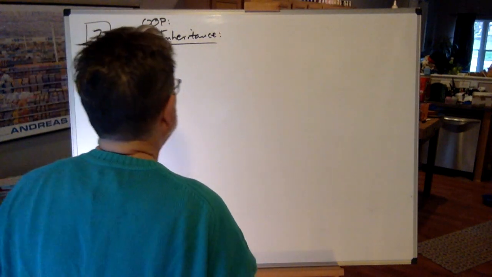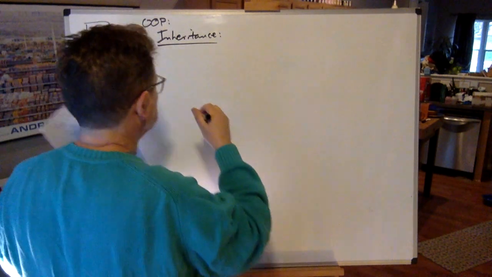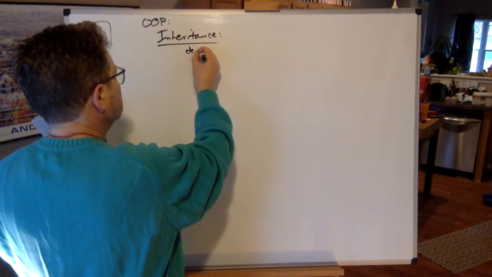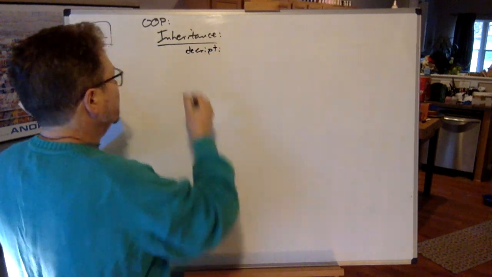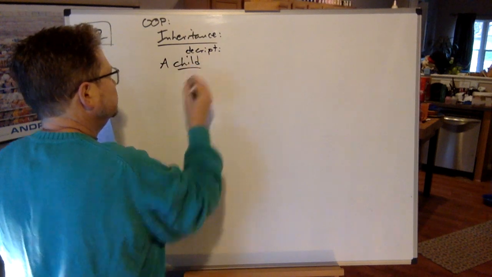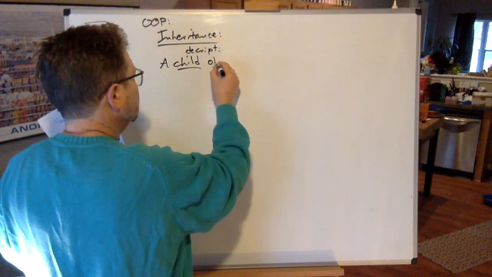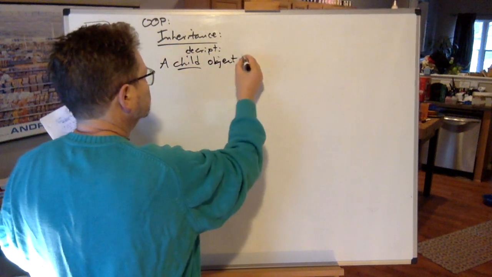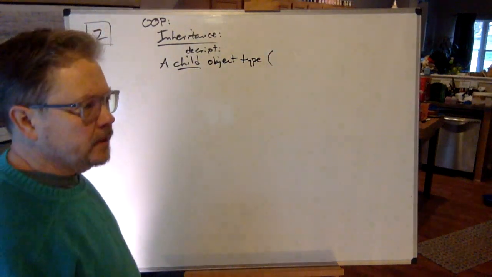Inheritance, I don't even want to try to write a definition of that. I'm going to give a description instead. A child, and that is the term to choose, a child object type. Object type is a clunky phrase to use.